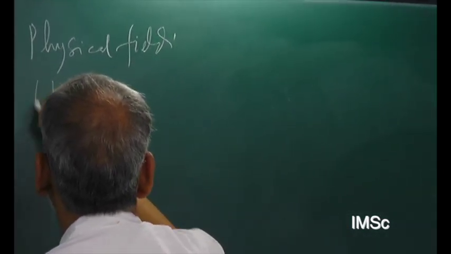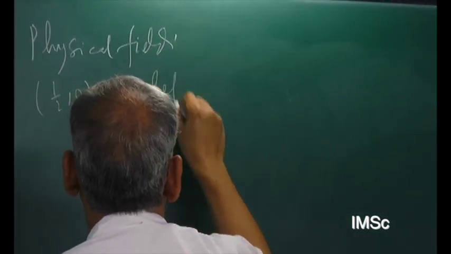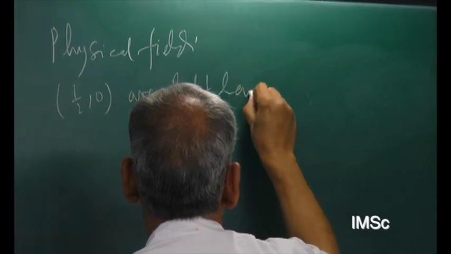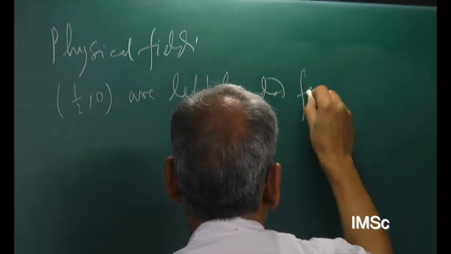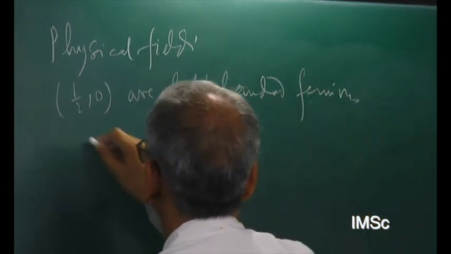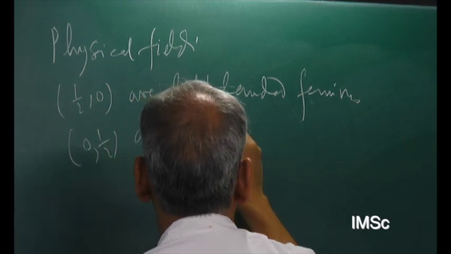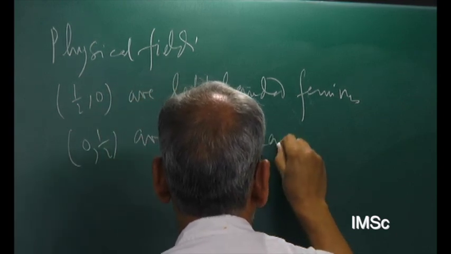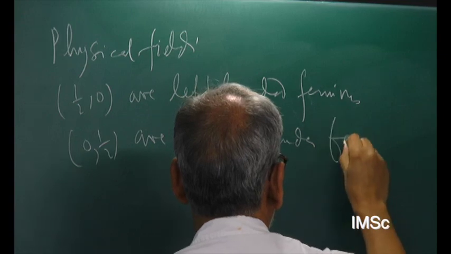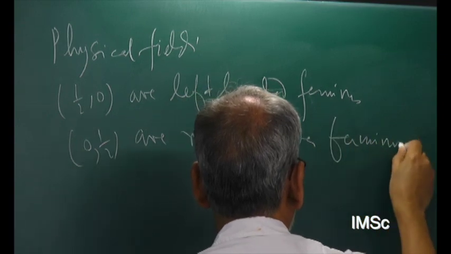Half zero are left-handed fermions and zero half are right-handed fermions.